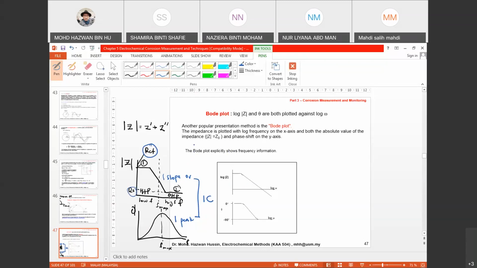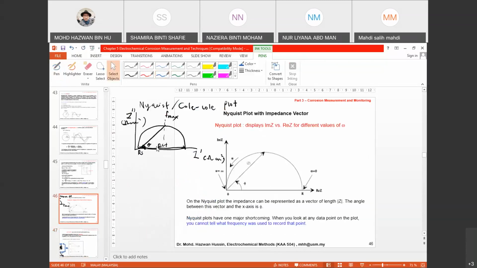And I forgot to tell you that if you have a semicircle for your Nyquist plot, this means your circuit design is basically parallel.